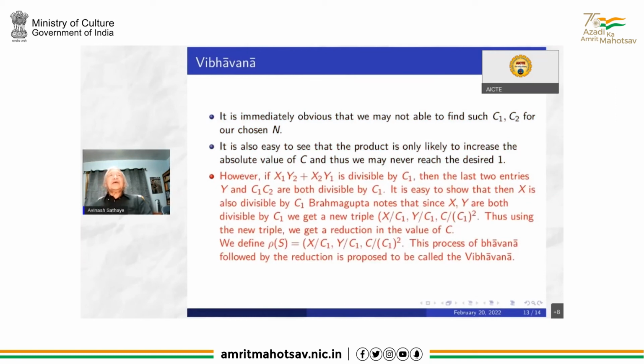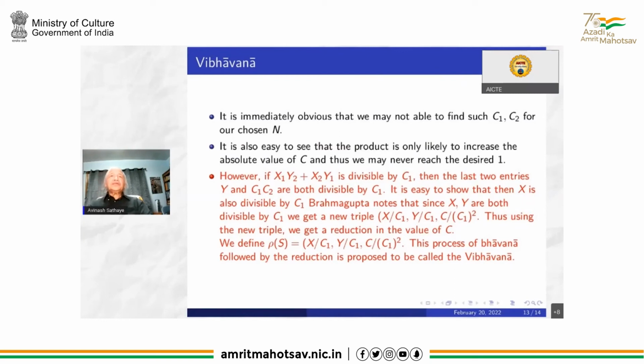However, if x1 and x1 y2 plus x2 y1, that's the y value, is divisible by C1, then the last two entries, y and C1, C2, are both divisible by C1. It is easy to show that then x is also divisible by C1, and Brahmagupta notes that since x, y are both divisible by C1, we get a new triple, x over C1, y over C1, c over C1 squared.